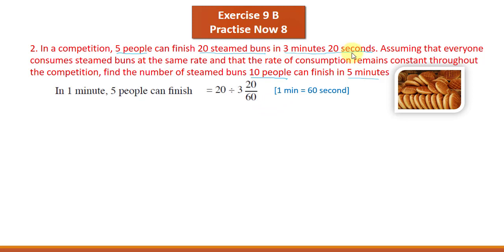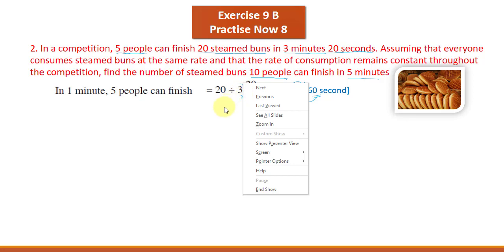When you convert a smaller unit to a bigger unit, you divide, and when you convert a bigger unit to a smaller unit, you multiply. In this case, we are going to divide. Now we multiply 60 by 3, and then add 20 to it.